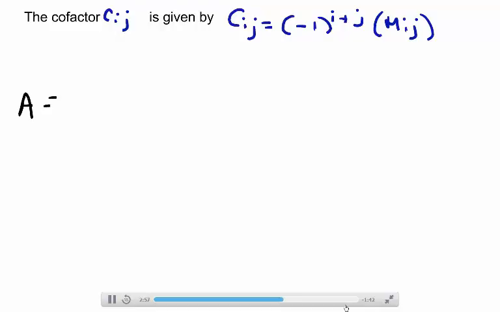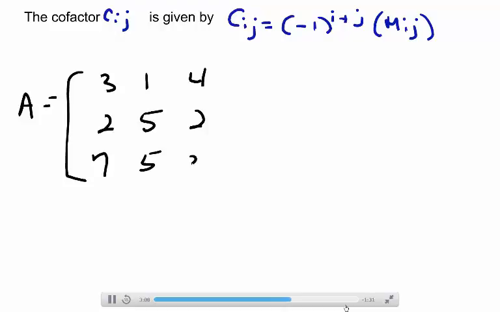Let's consider the following matrix A. And suppose I asked you to find the minor for row 2, column 3.